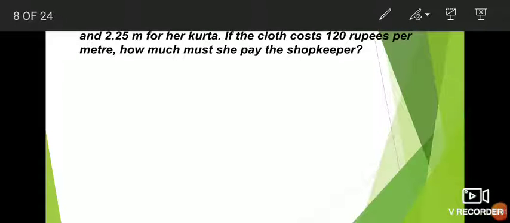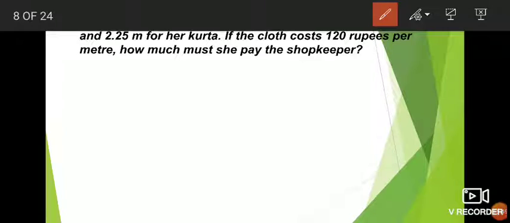Okay, she bought 1.80 meters of cloth for the salwar and 2.25 meters of cloth for the kurta. Now here for finding the total cloth, we have to do addition, and then the cost of 1 meter of cloth is 120 rupees.